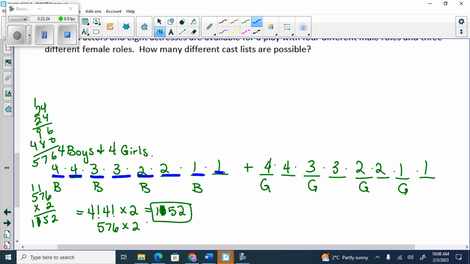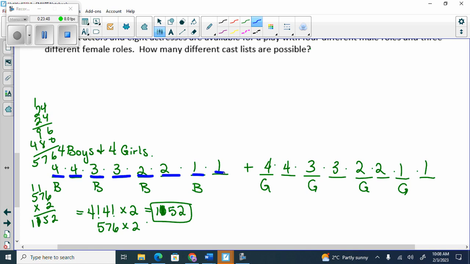But then here we're multiplying it and adding it. So we're taking 4 factorial and 4 factorial, multiplying those, then adding 4 factorial and 4 factorial. Yeah, but in this instance, only because they're even numbers. If it was something different, yeah.